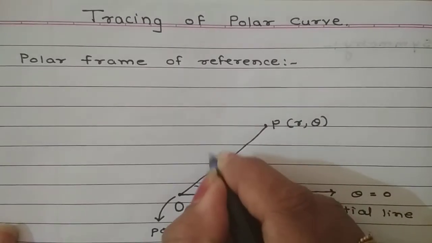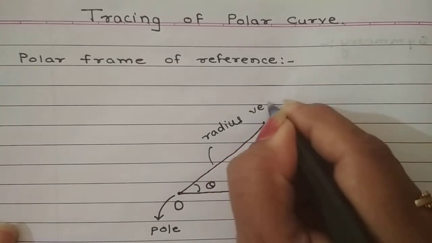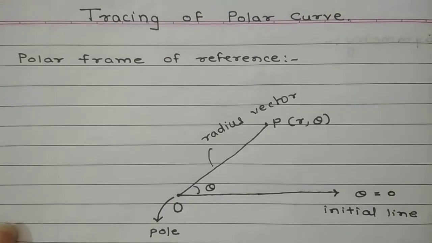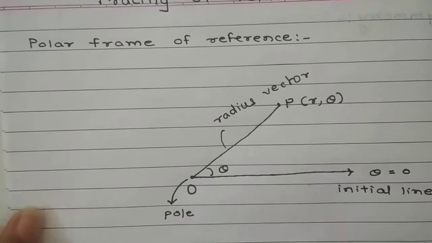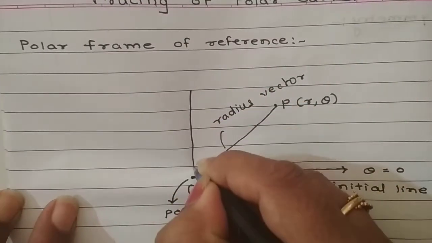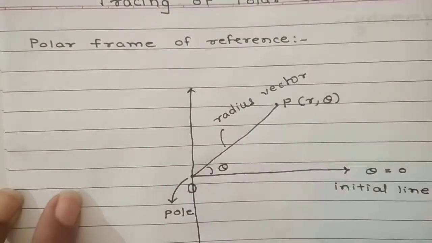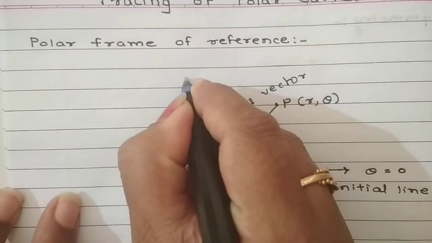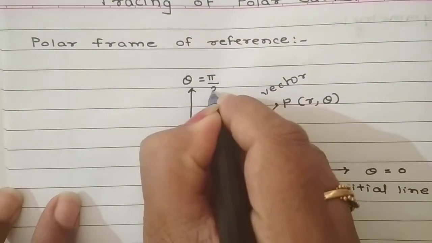This OP is called the radius vector. Therefore, theta is the angle between the radius vector and the initial line. This is our polar system. Now, the line perpendicular to the initial line and passing through the pole has the equation theta equal to pi by 2.